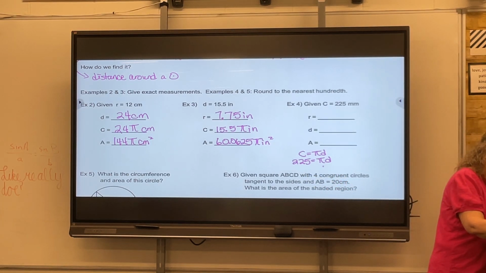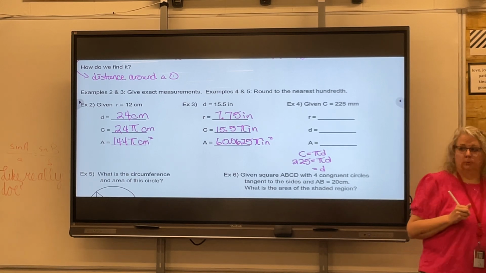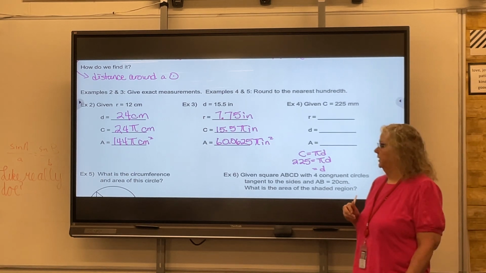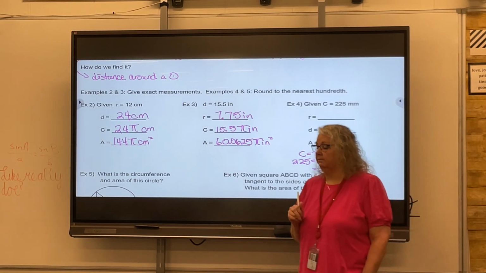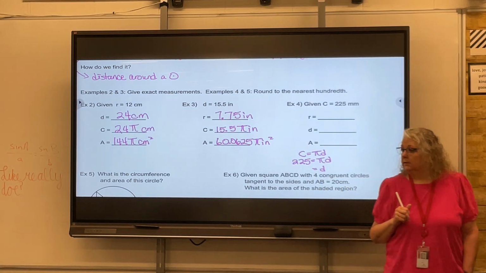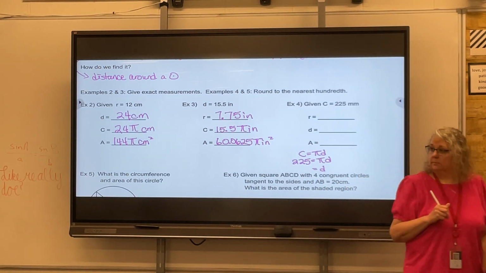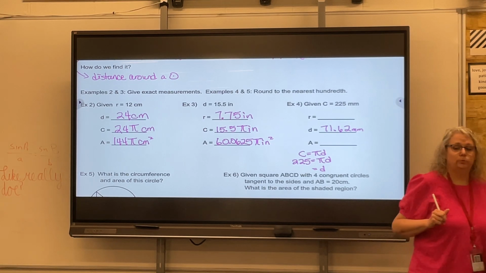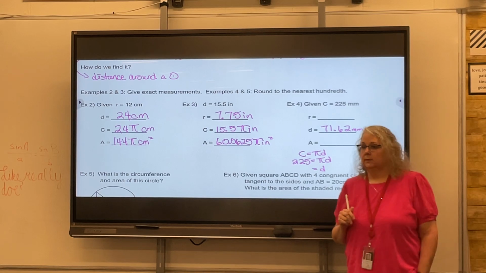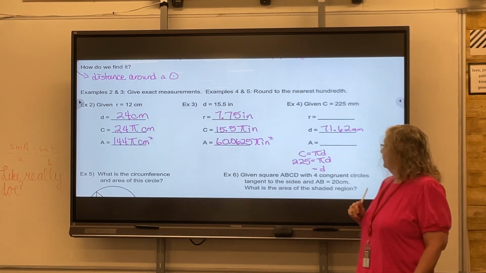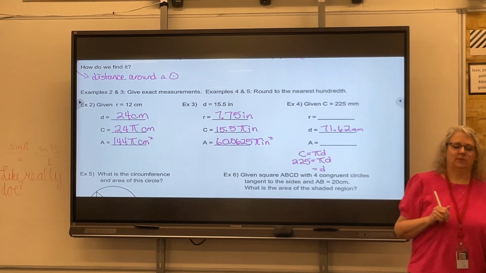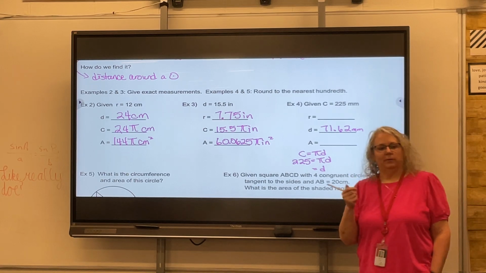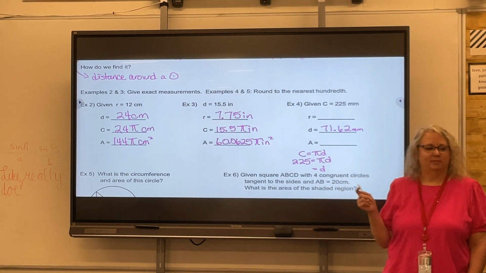Divide both sides by pi. So 225 divided by pi is 71.62. Somebody check that, just so I have 2 people doing it.